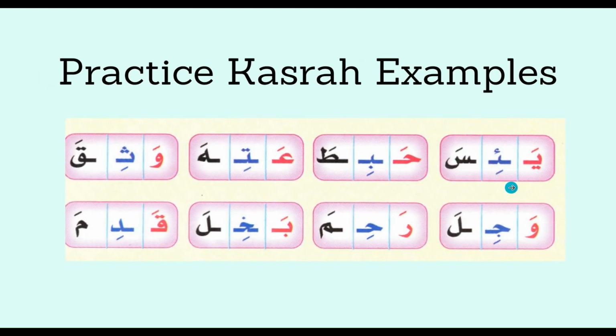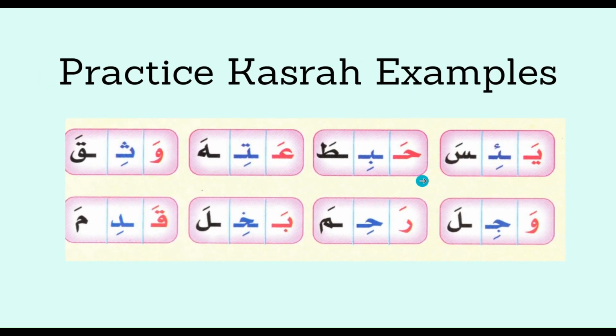This is very important. Now we have some examples with kasra, and from now on, inshallah, in every example or practice, you will find the current lesson, which is kasra, and whatever came before. You took fatha before, so when you practice kasra and fatha, the next vowel, inshallah, would be dhamma.